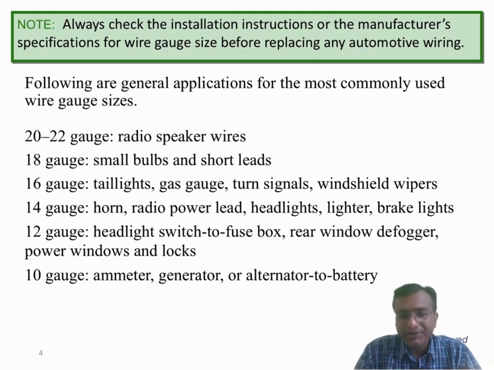For small bulbs and short leads, we use 18 gauge. 16 gauge is used for tail lights, gas gauge, turn signals, and windshield wipers. 14 gauge wire is used for the horn, radio, power lead, headlights, lighter, and brake lights. 12 gauge wire is used for the headlight switch to fuse box, rear window defogger, and power windows and locks. And 10 gauge wire is used for heavy applications where a huge amount of current is supplied, that is, in the case of ammeters, generators, or alternator to battery.